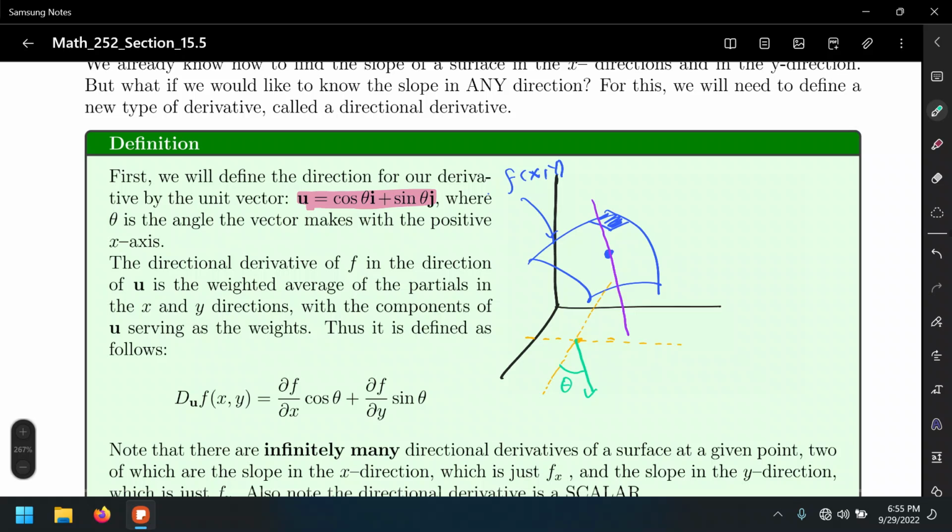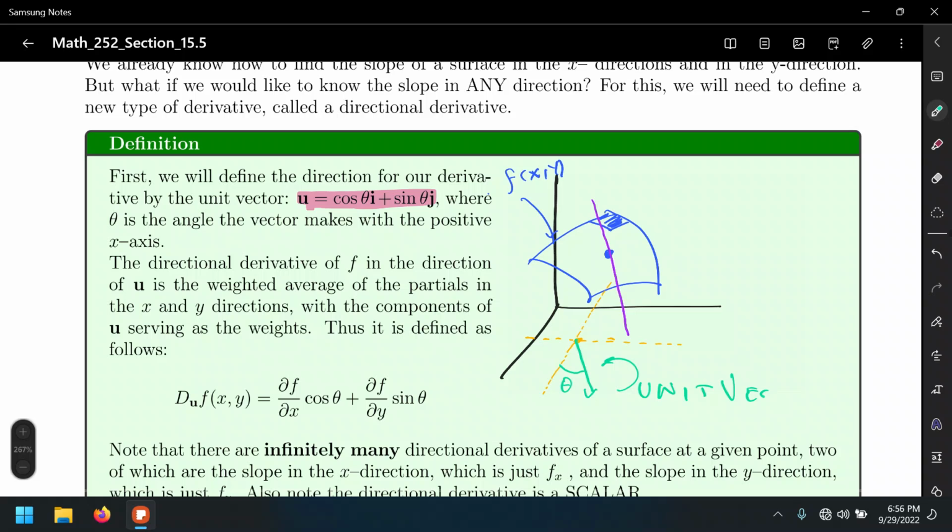We are going to find the derivatives with respect to x and y, but then we are going to do some product to steer that rate, to steer that tangency in a desired direction. And by the way, this vector that we have here should be a unit vector. So this is a unit vector.